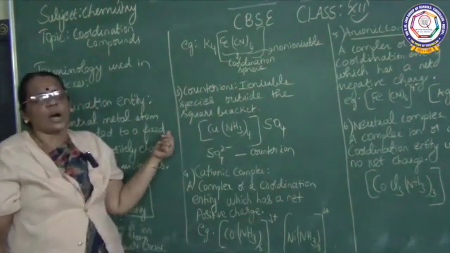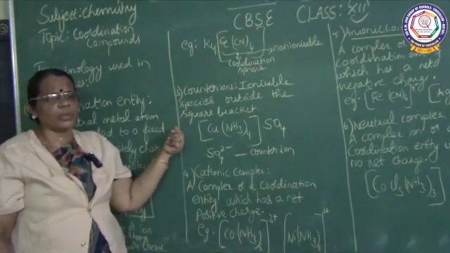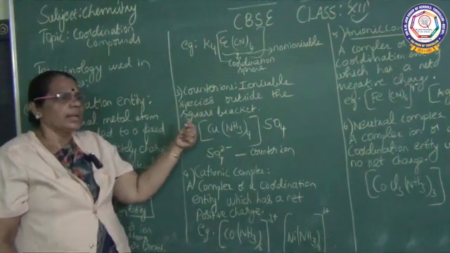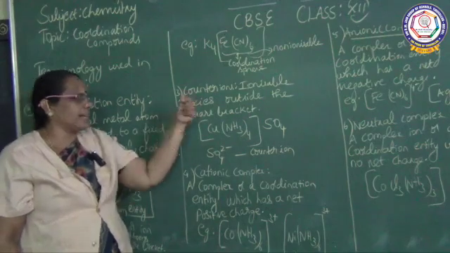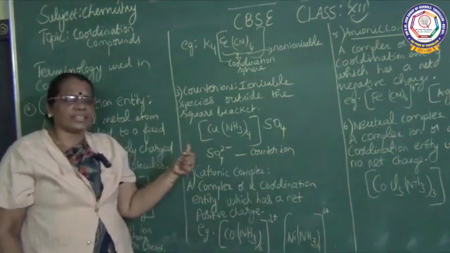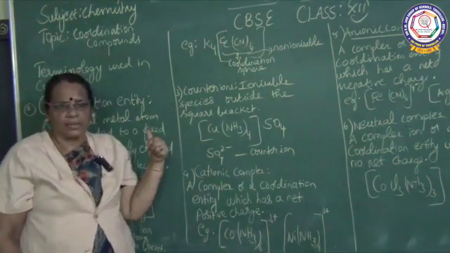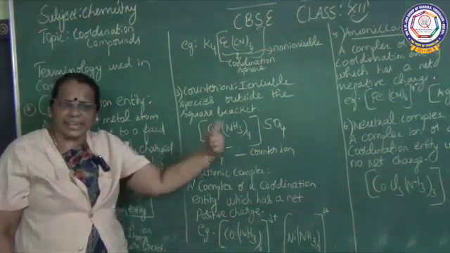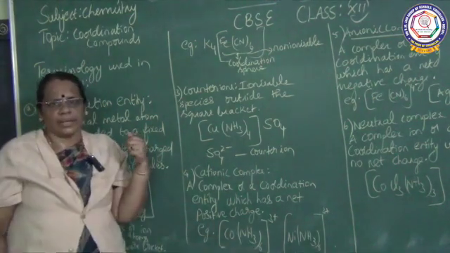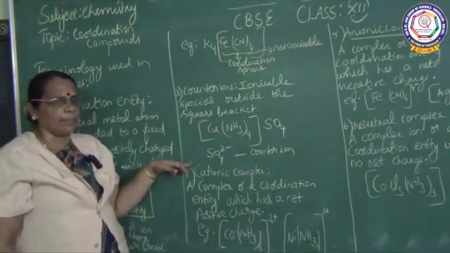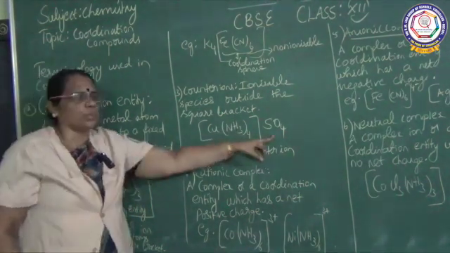The next one is counter ions. Counter ions are the ions which are easily ionized and present outside the square bracket. For example, tetraamine copper 2 sulfate.